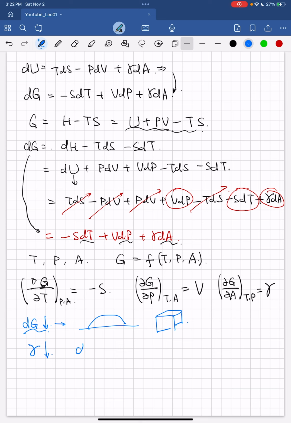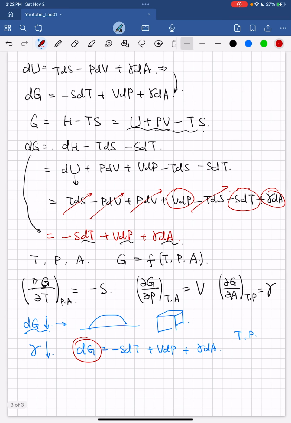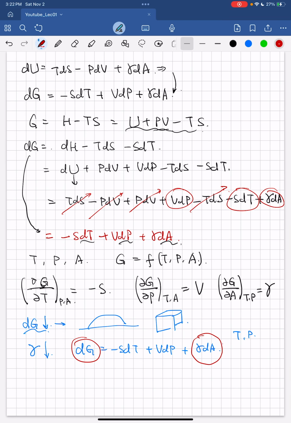So for the material, dG equals minus SdT plus VdP plus gamma dA. So at constant temperature and pressure, this material is trying to minimize dG by minimizing this term.